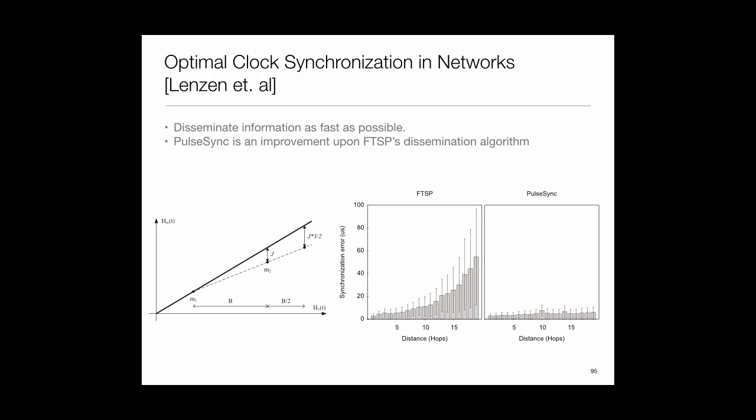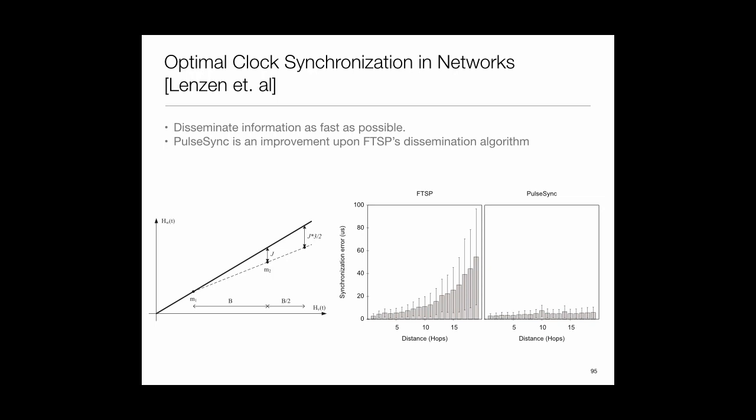Some work out of Italy called PulseSync tries to create some additional improvements over FTSP, which is a number of years old, and they basically try to speed up the dissemination of time information.